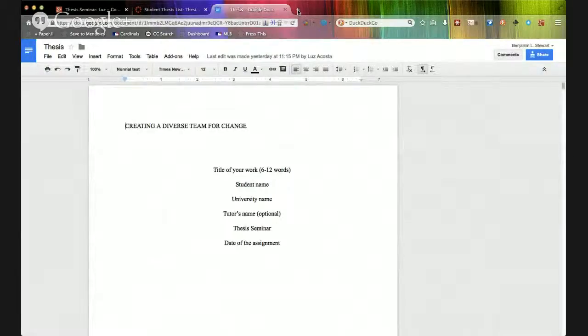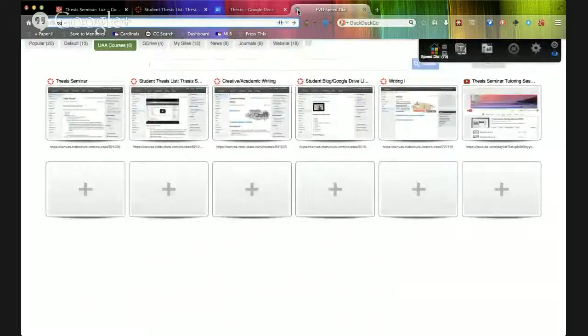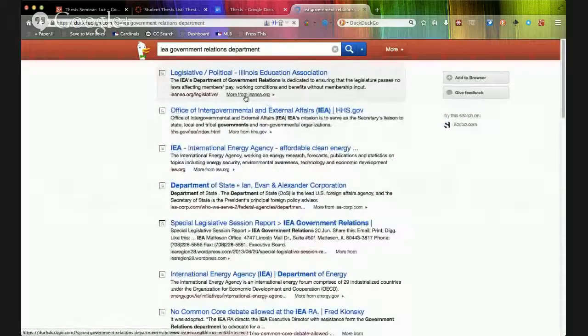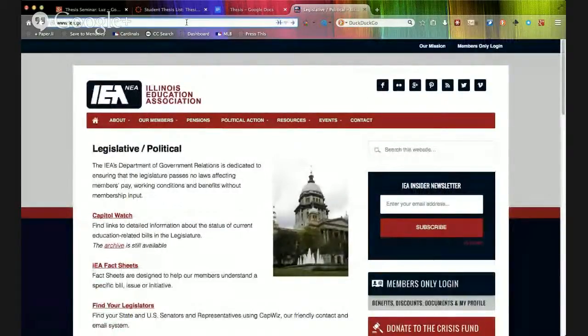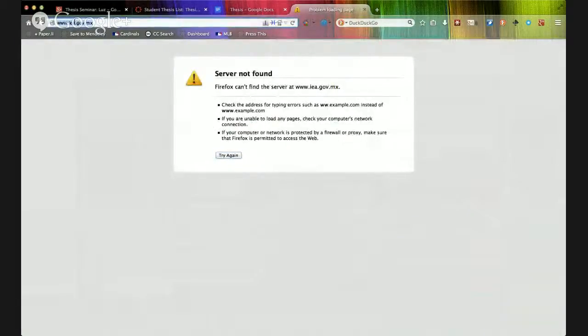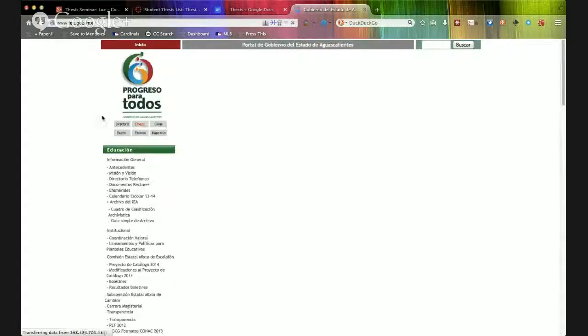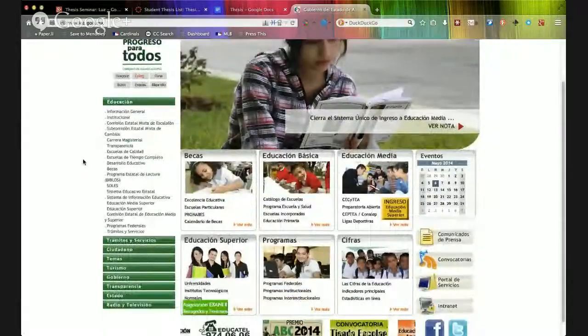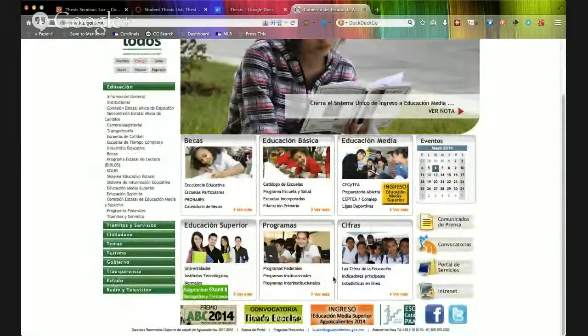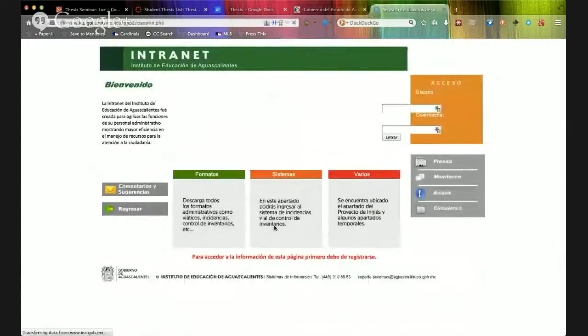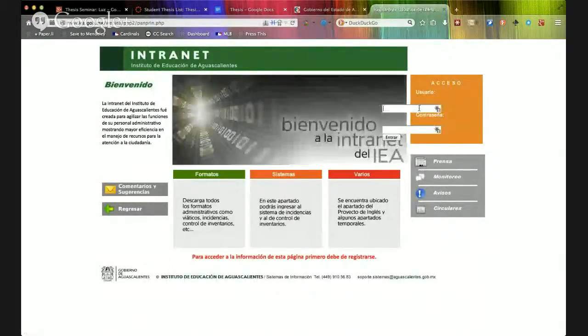You have to go to IEA.gov.mx. And from there you go to intranet. It's free. And then right there, you put the username. That one is progress.